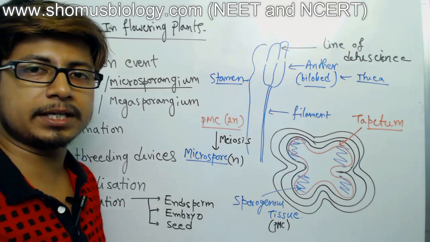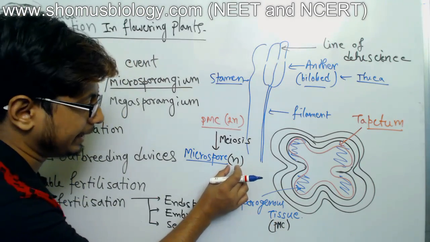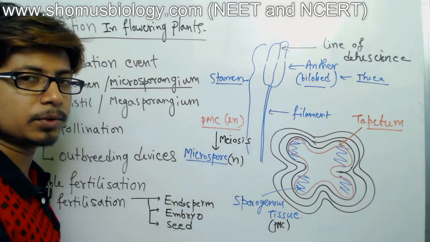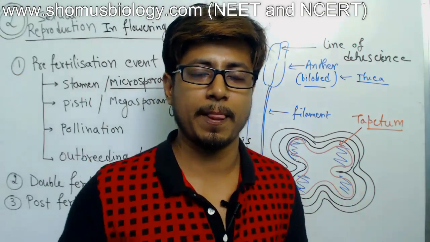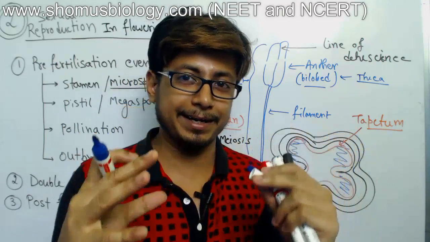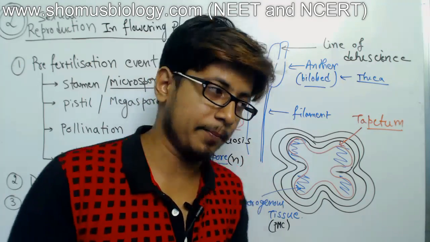And the microspores that are formed, I told you, microspores are the actual gametes because they carry only n number of chromosomes, which is half of the somatic cell chromosome number. So these are the gametes, and we know gametes always contain n number of chromosomes because two gametes will fuse. If both of them have n number of chromosomes, after the fusion they become a cell containing 2n chromosomes.